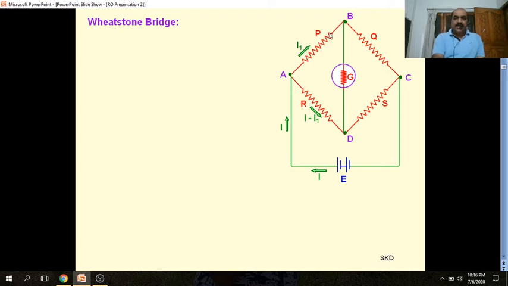Again, when this I1 reaches B, B is also a junction point. So for this junction again we distribute the current.